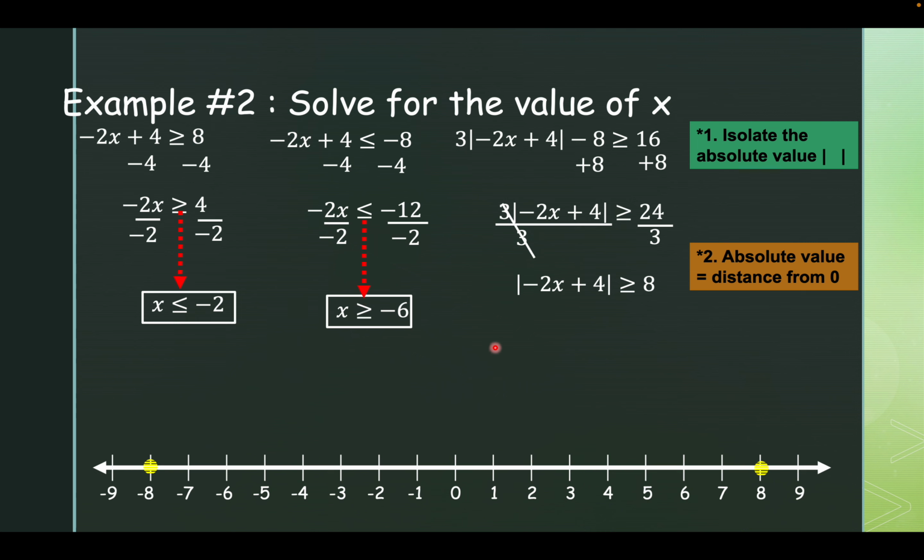That's something you learned previously, and it's something we need to be reminded of, that the inequality must flip when you divide by a negative number. If we go to graph, x is less than or equal to negative 2, we have a closed circle going off to the left. x is greater than or equal to negative 6, so we have a closed circle, and it's going off to the right.